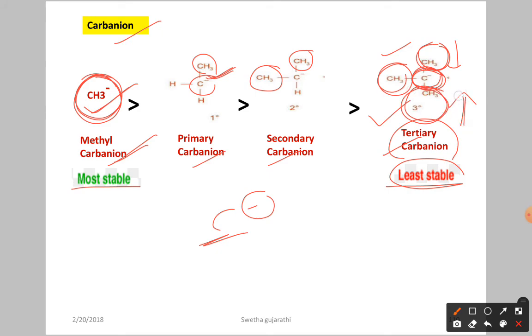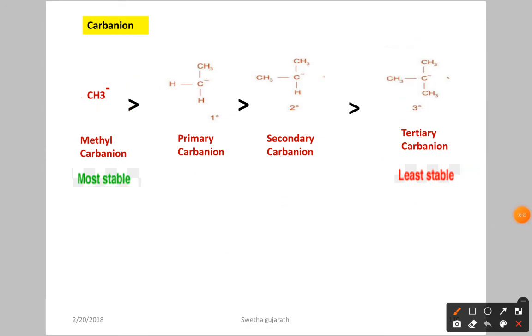Because of that, methyl carbanion is the most stable, then primary, then secondary, and the least stable is tertiary carbanion. So this is the order. It is the reverse for carbanion compared to carbocation and free radical. These are important, and they are frequently asked in exams.